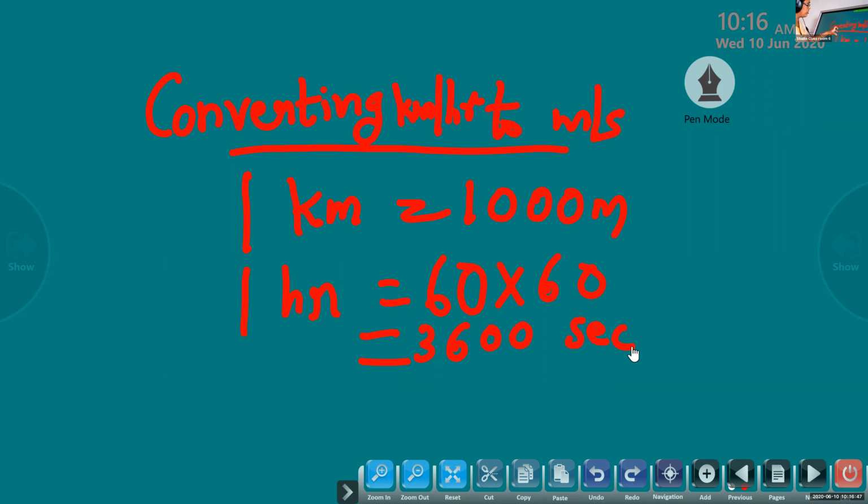So by using this only we are converting. You don't have to go for a very long cut. I'll give you an easy method.